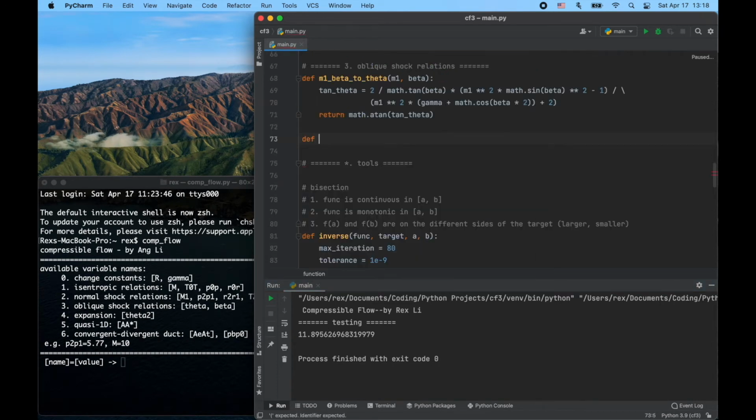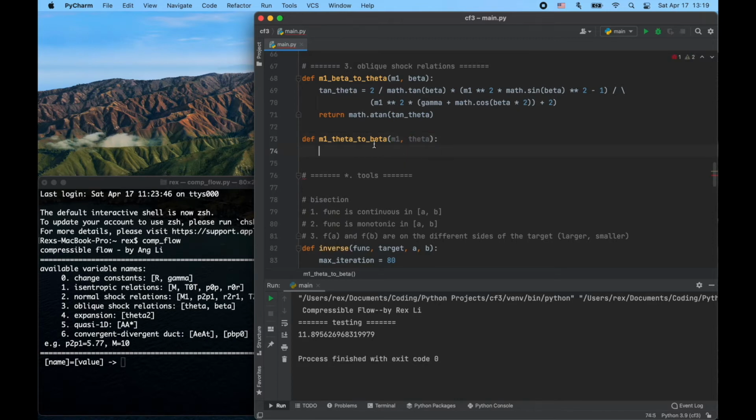Next, given the Mach number and theta value, we will try to find the beta value. First, let's observe this function. Beta is not an explicit function of M1 and theta.